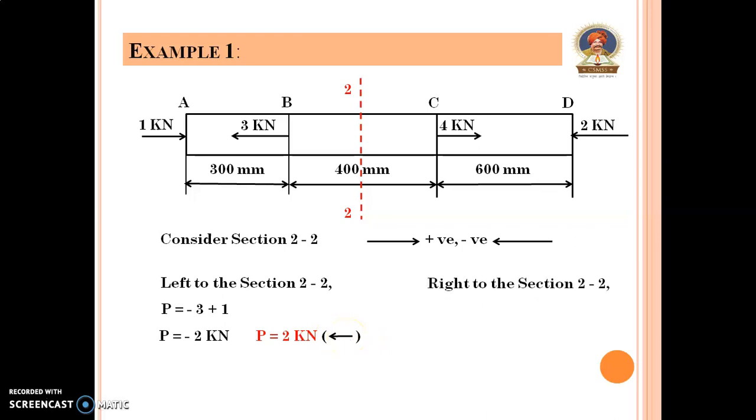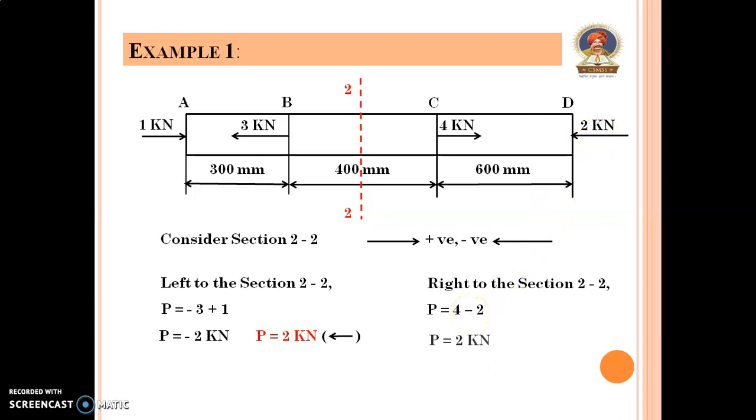Similarly for right section, here again two forces. 4 kilonewton is moved towards right side, so it is positive, and this 2 kilonewton force is moved towards left side, so it is negative. So plus 4 minus 2, here move towards right side, so it is plus 4, move towards left side, so it is minus 2.